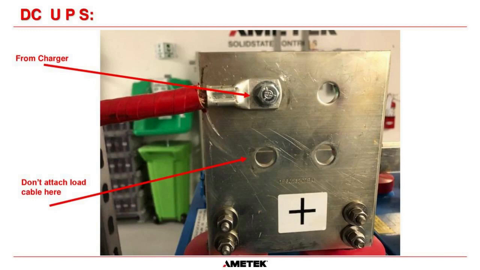What some people do is they will use this additional hole on this plate on the main positive connection, and they will attach their load cables there. And you go back to the same situation where if you want to do maintenance on the system, which could involve removing these bolts here and removing the plate completely from the battery if you want to replace the battery, then you're going to have issues.